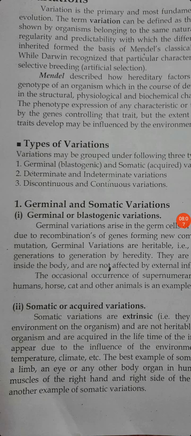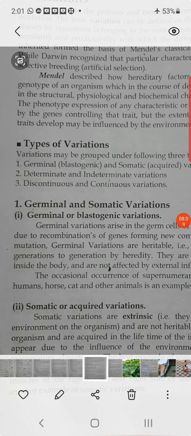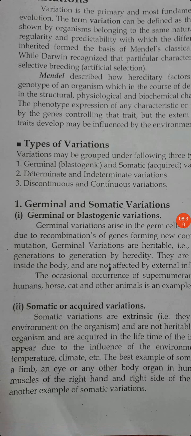So germinal variation arises in the germ cells of the organism. They are either due to recombination of genes, forming a new combination of genes, or due to mutation, and germinal variations are heritable. So naturally, we can see the change in the germ cells. In short, keep in mind, they are handed over from generation to generation by heredity.